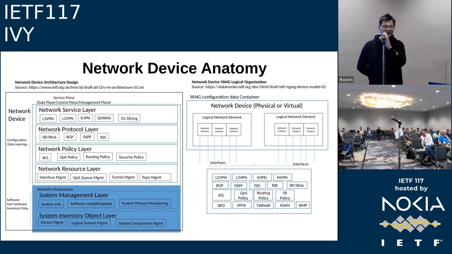In the right figure, you can see there's some IETF work called the network device YANG logical organization. This is a working group draft that hasn't been published, but it sets a good example of how you can encapsulate configuration model at the device level. So at the encapsulation layer, you have logical network element, and this could be a virtual router or virtual firewall. Next.